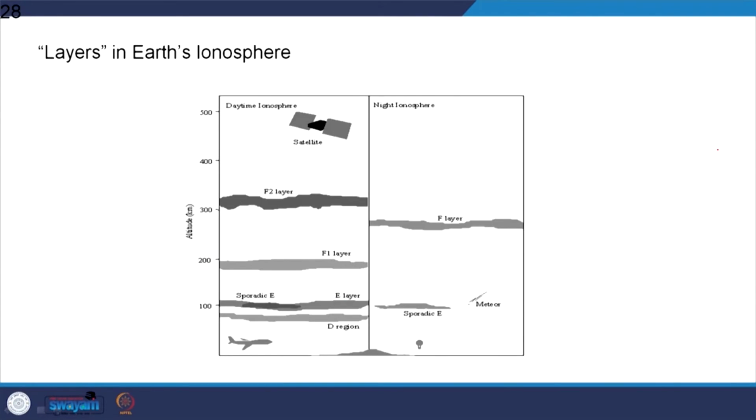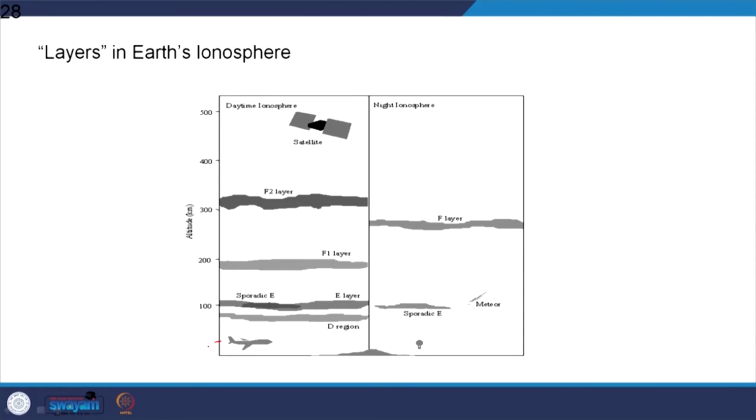If you just put them for reference, this is the daytime ionosphere. The D layer, the bottom layer, appears at 50 to 95 kilometers.